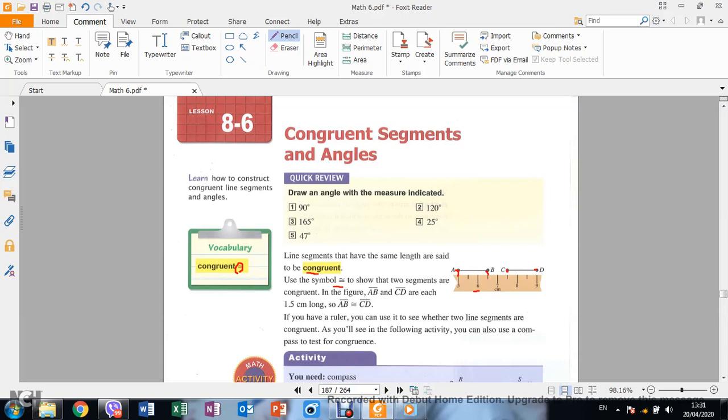And CD is the same, if we measure it, it is 1.5 as well. So both of them have the same length, which means line segment AB is congruent to line segment CD. You write it like this: AB is congruent to CD.